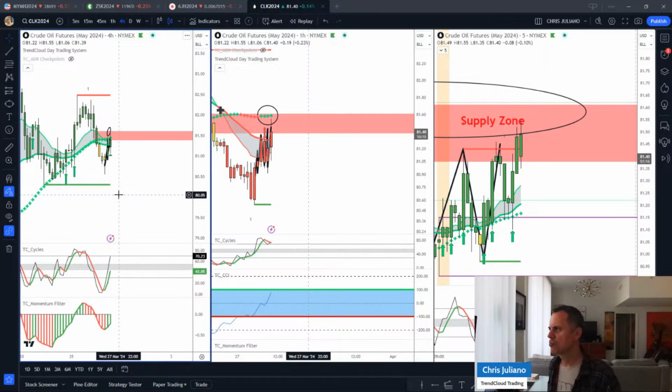Boy, crude oil is really reacting off of that supply zone. And we drew it out ahead of time. We knew everything ahead of the trade. Isn't that what it's all about?